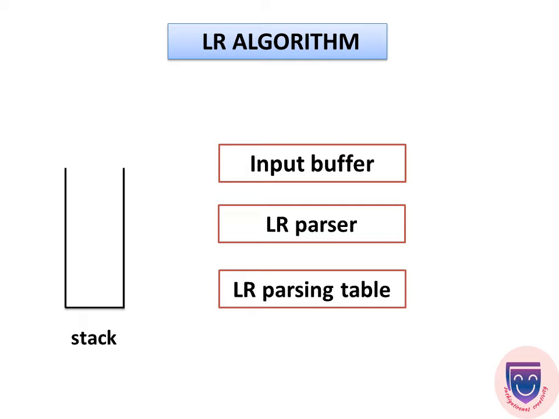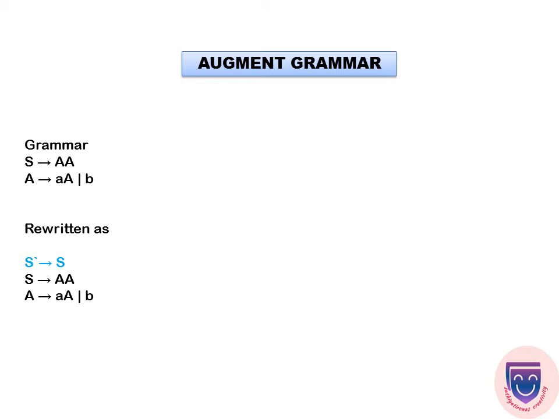Let me tell you how the LR parser works. As I said before, we have to add the augmented production to the given grammar. This is the example I have taken, and it is rewritten with S' tends to S. That is, we are introducing a new variable for writing the augmented grammar, S' tends to S, which I have shown in a different color.